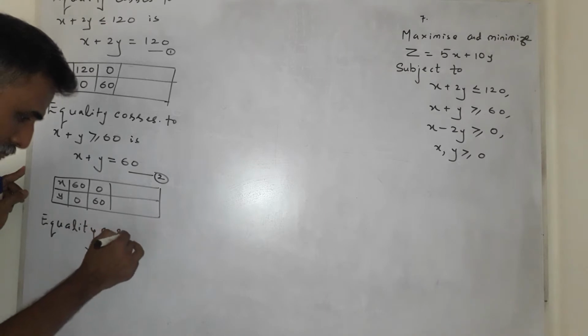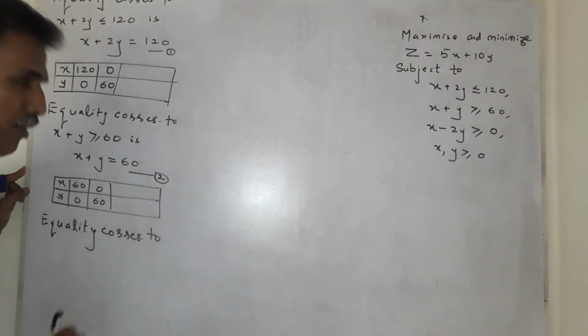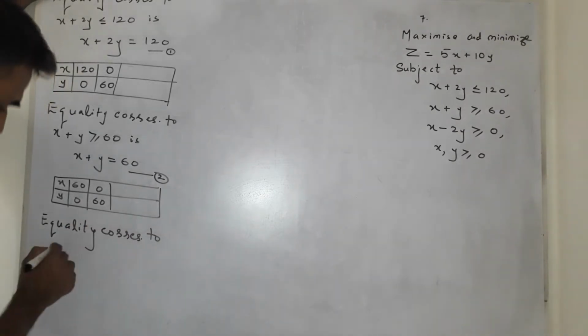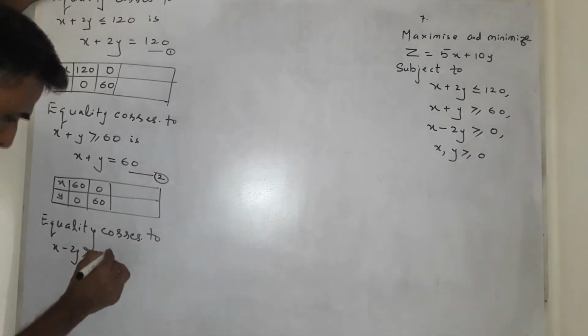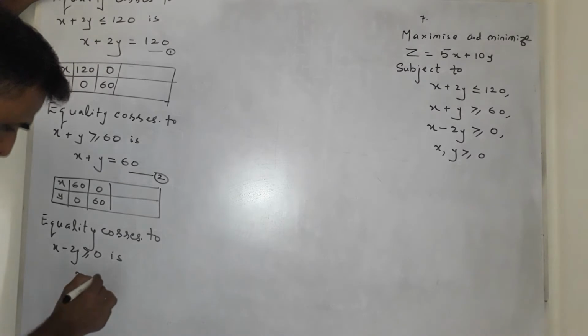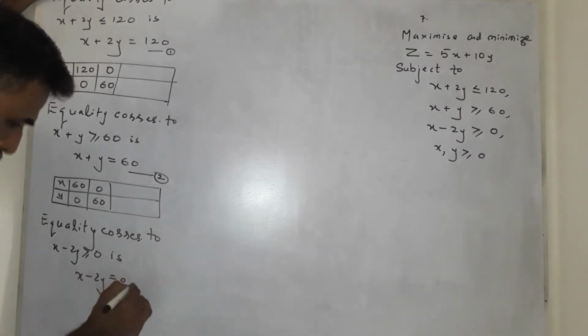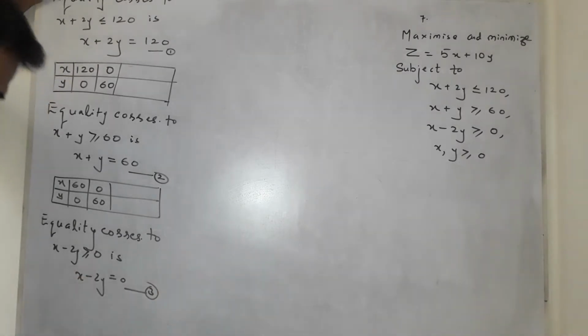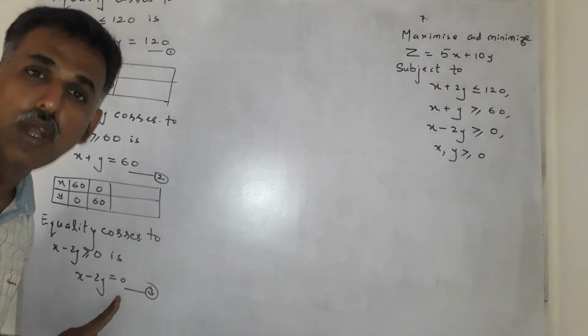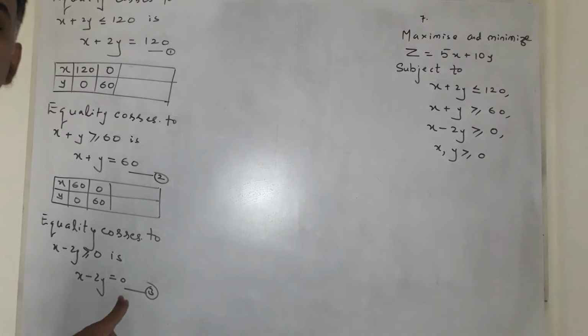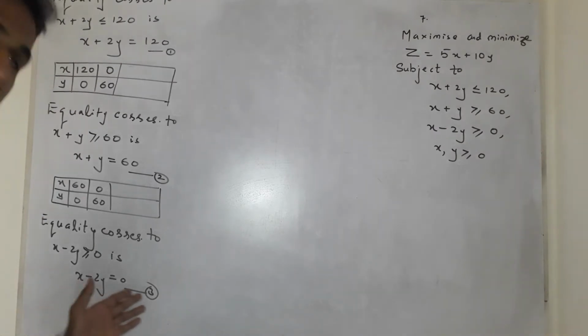Equality corresponding to x minus 2y greater than equal to 0 is x minus 2y is equal to 0. Now this one, x minus 2y is equal to 0, represents a line passing through origin because there is no constant term.